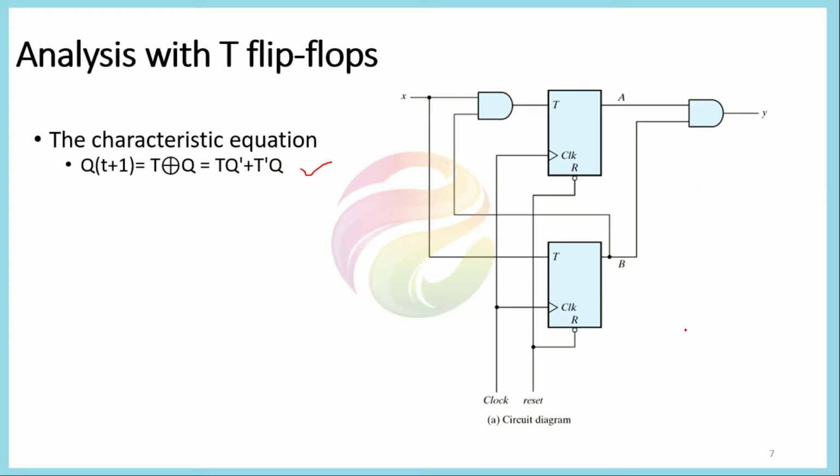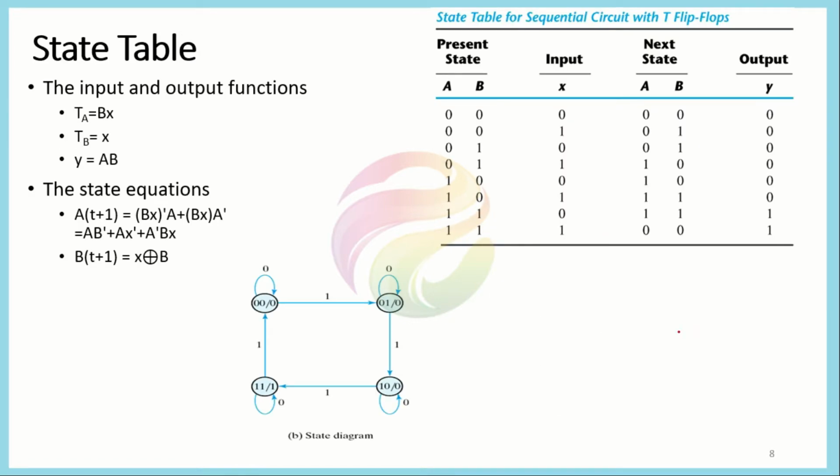To represent it in the form of a state transition table, we first write the equations of the flip-flops. For the first flip-flop, the input equation is equal to Bx, while the second flip-flop, as we have seen in the last slide, is directly connected to the input X, while the output is the AND of the two flip-flop outputs A and B, so it is represented as AB. Again, we could solve this system in two ways.